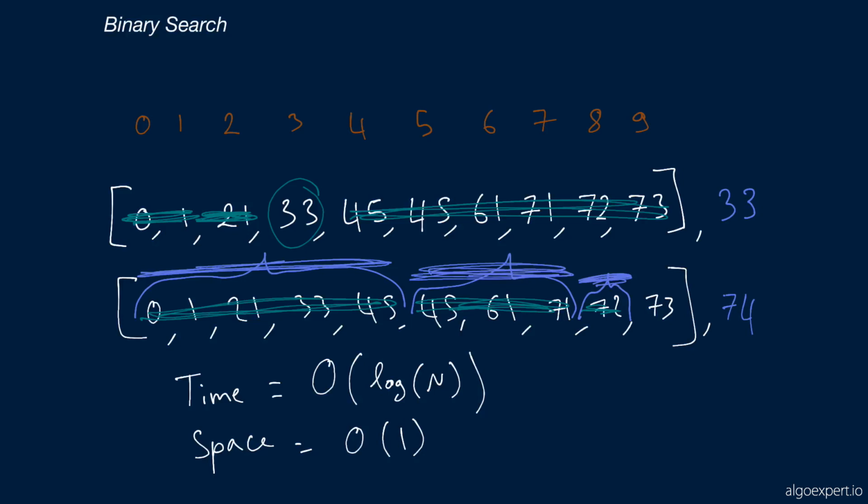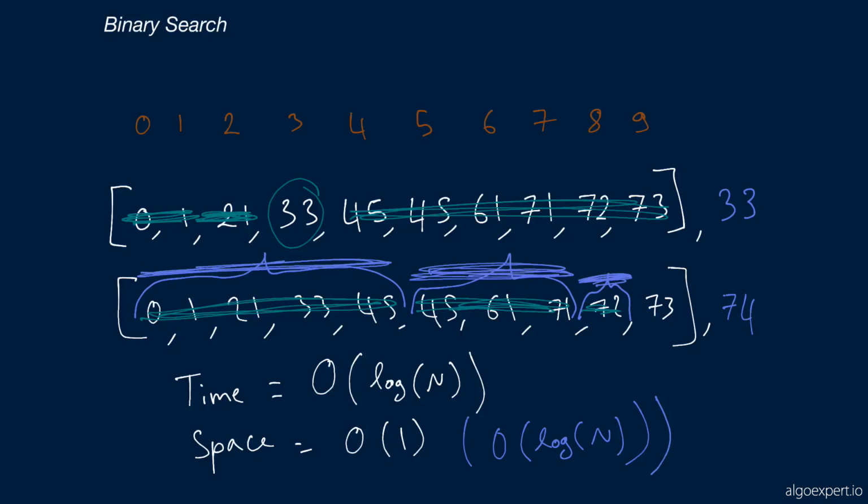Now, if you implement this algorithm recursively as opposed to iteratively, then depending on your language, you might have a space complexity of O of log of n space because of the memory usage on the call stack, right? If you implement this recursively, you're going to have frames on the call stack that will be used up, and so that's going to take extra space.